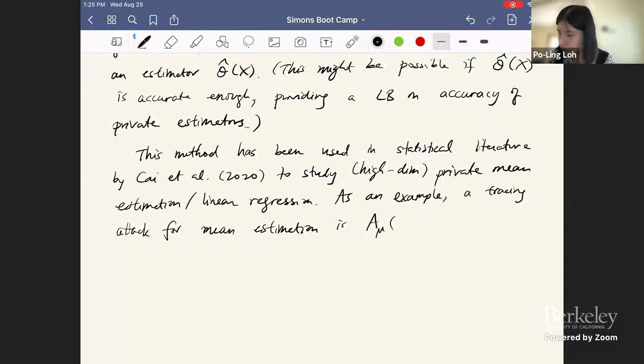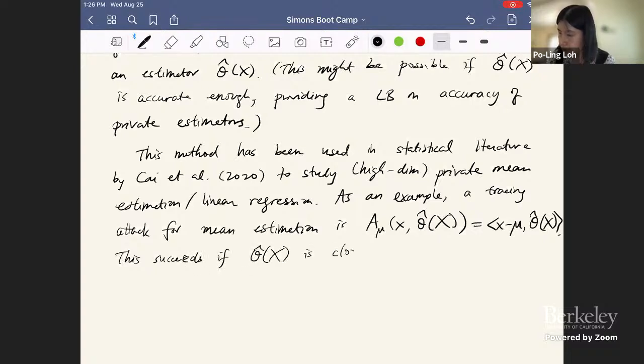A sub mu of x, theta hat of capital X. So this is supposed to tell us whether or not the datum little x was used to construct theta hat of X. And if we define this to be equal to x minus mu inner product with theta hat of X, then this succeeds if theta hat of X is close to the empirical mean.